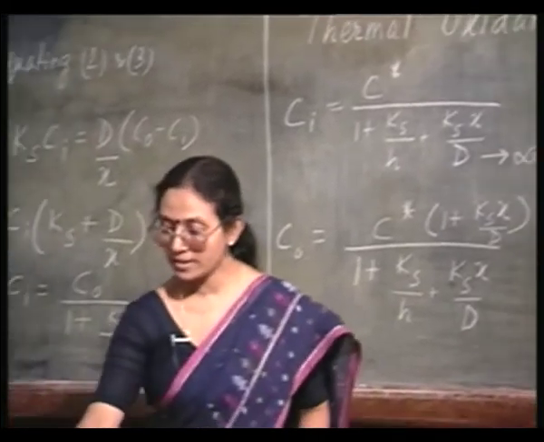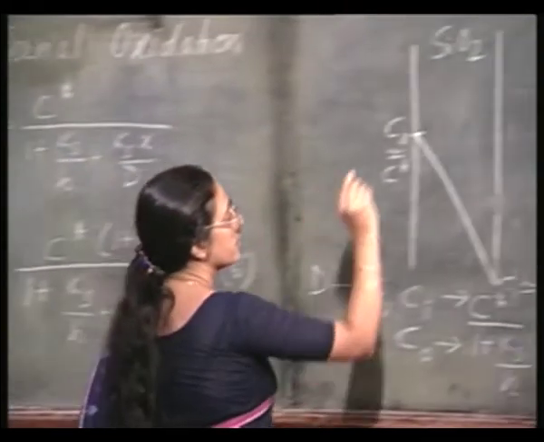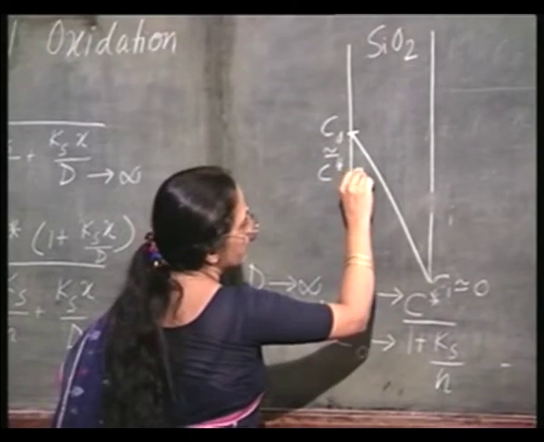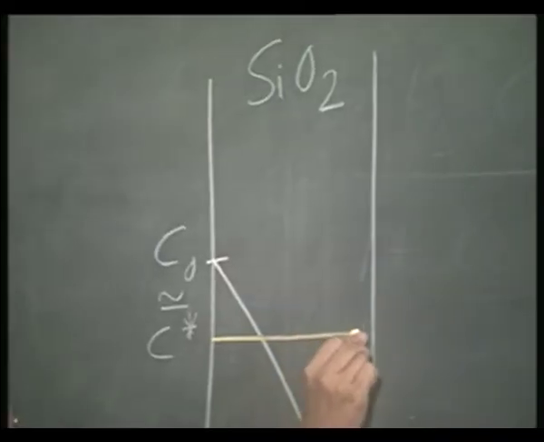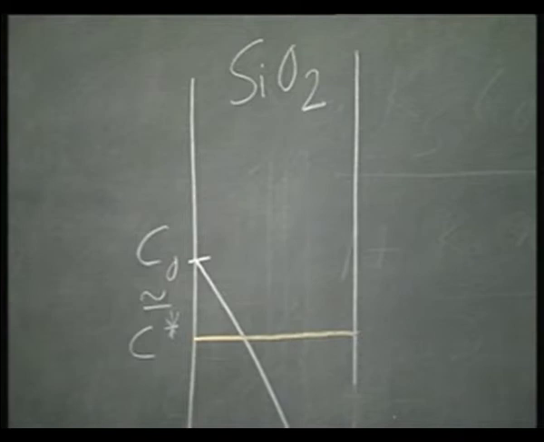In other words, there is no difference between the concentration of oxidizing species from the outer surface to the inner surface.